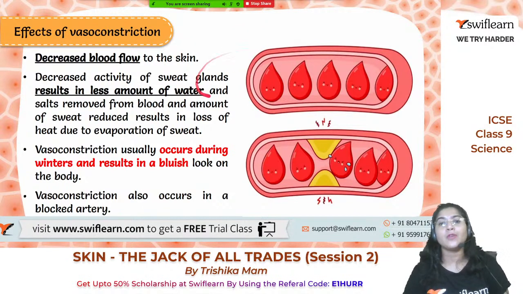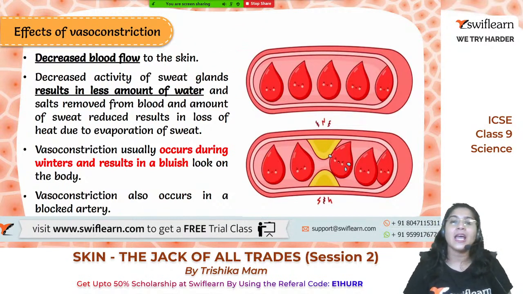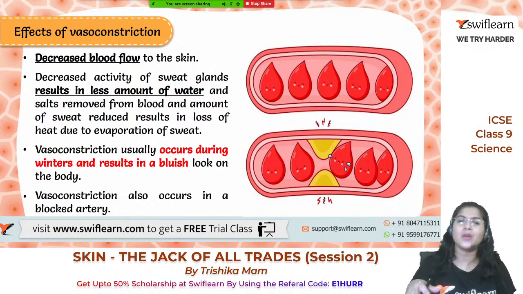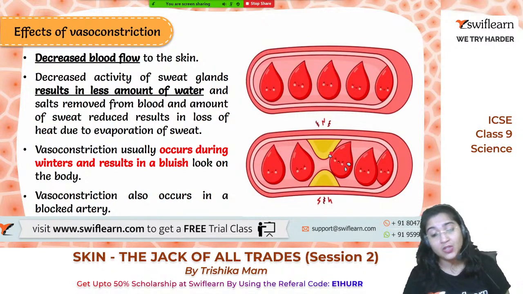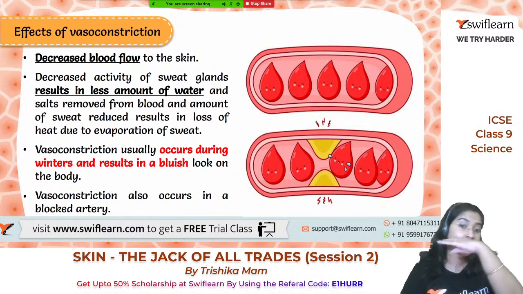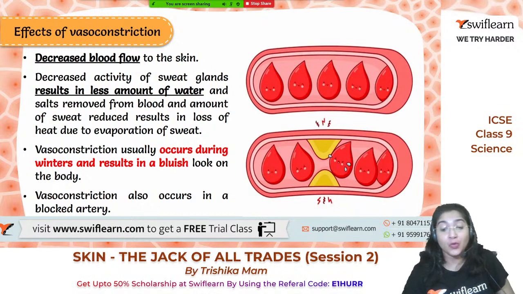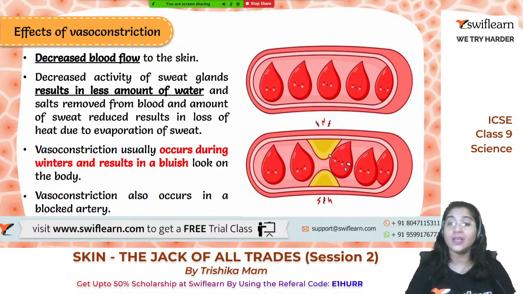So this blood flow will be decreased, the blood vessels will become narrower, there will be no sweat, very less sweating takes place, and loss of heat will not take place at that time. And in extreme conditions, इसीलिए bluish भी हो जाते हैं हमारे skin, okay, due to no supply of the blood. This is in the extreme case.